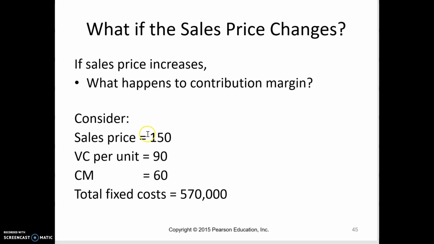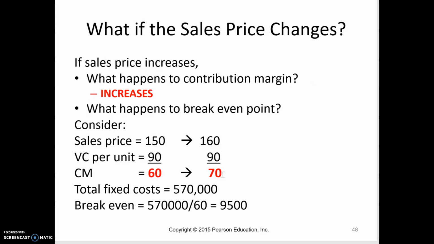So if we look at the situation, sales price is 150, variable cost per unit 90, contribution margin is 60, total fixed costs are 570. So if the sales price increases from 150 to 160, that means our contribution margin is going to increase. What's going to happen to the break-even point?